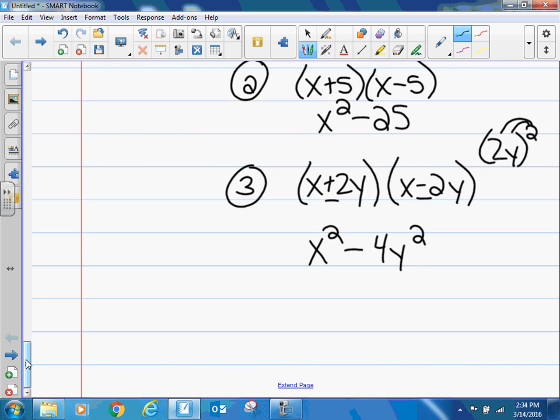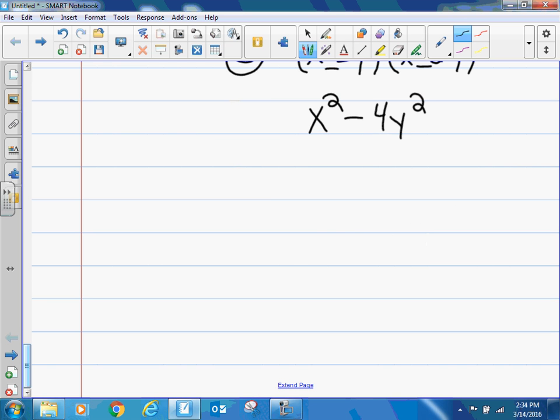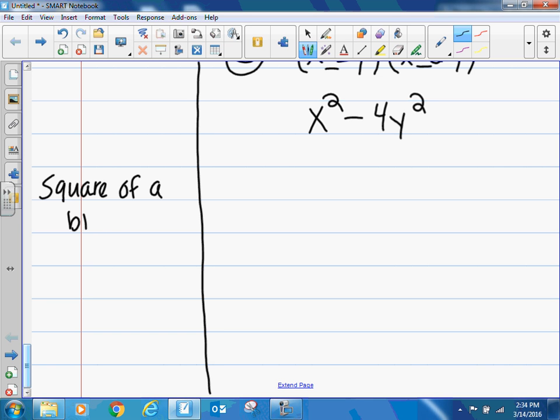All right, one last thing. We did the sum and difference. We need to look at the square of a binomial pattern. So there's two parts to this.